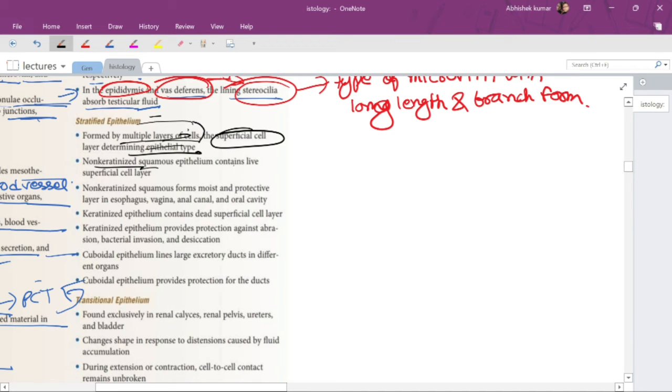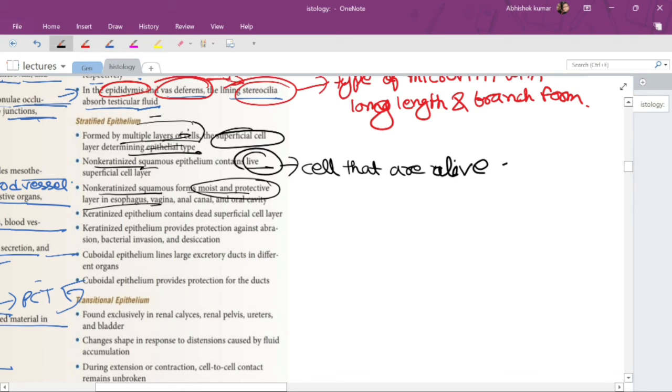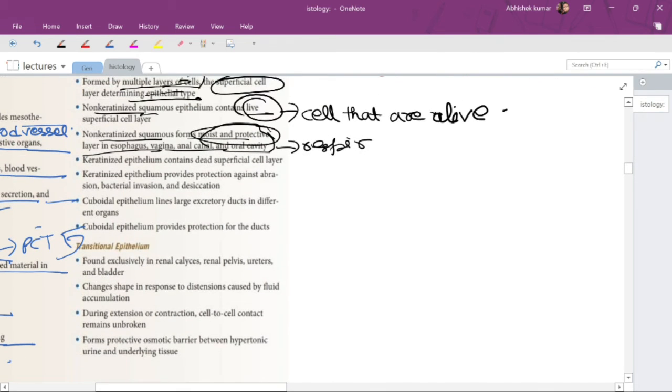Non-keratinized epithelium contains live cells, so cells that are alive, not dead yet. Non-keratinized squamous epithelium forms the moist and protective layer of the esophagus, vagina, anal canal, and oral cavity. So this will be present in your upper respiratory tract, of course, and on moist surfaces.